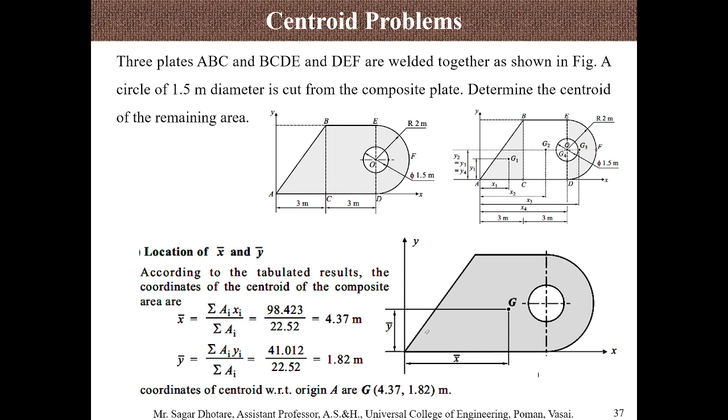Finally, we are eliminating the unnecessary part, and directly we are shown the exact profile for which we need to calculate the centroid. So x bar, y bar is nothing but the x coordinate and y coordinate of the centroid, which is 4.37 and 1.82.